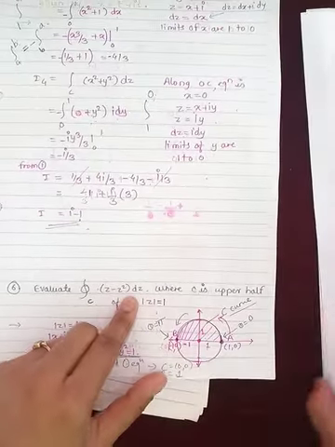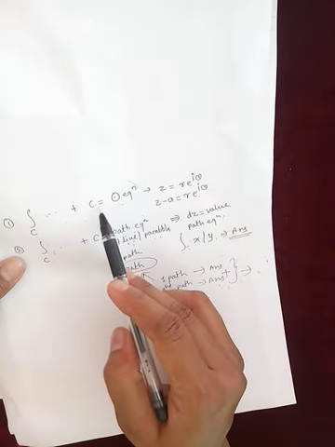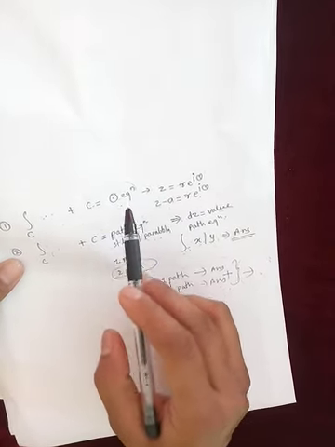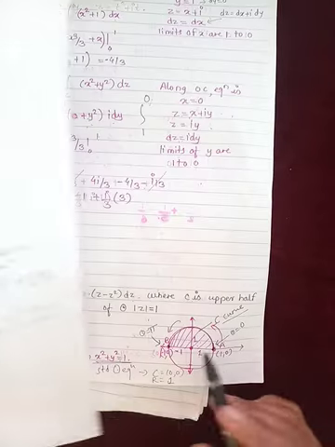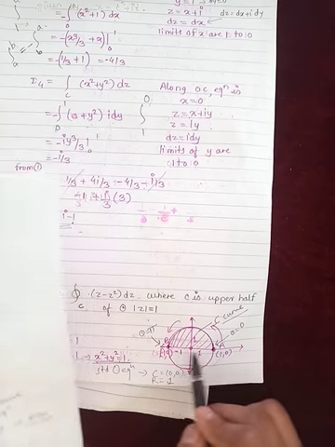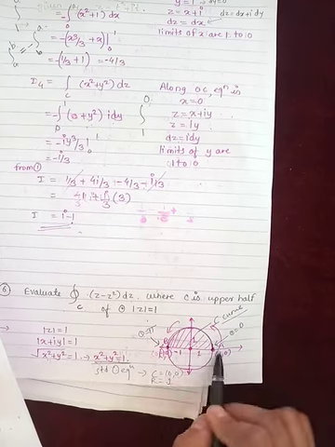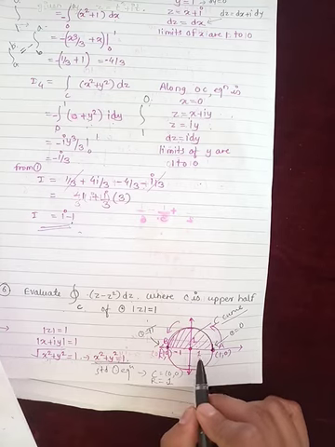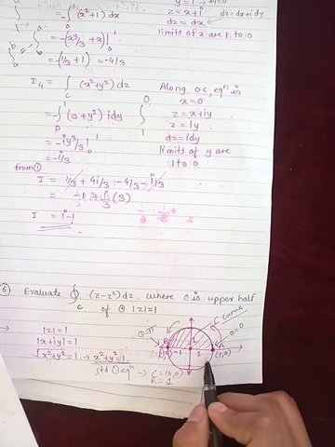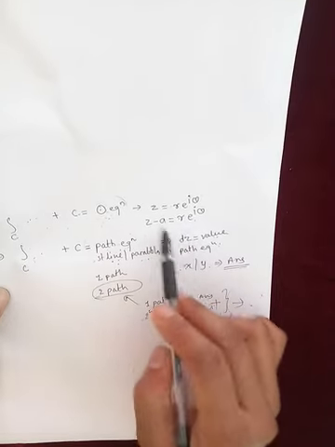So this integration is of the first type, that is, the integration function is given with the curve C given as a circle equation, and in this circle equation we have to consider the curve as the upper half of the circle. Using this upper half circle we find the theta values, because this type is the first type where you have to use the substitution method.